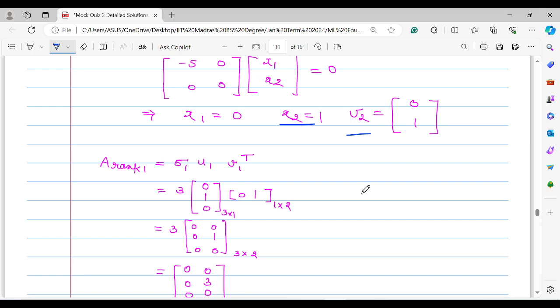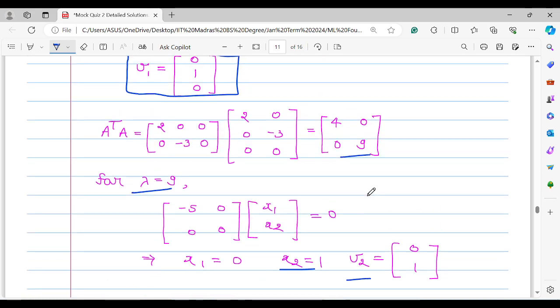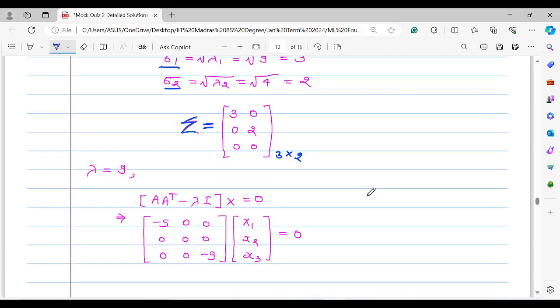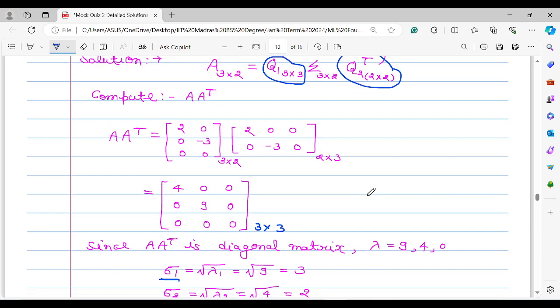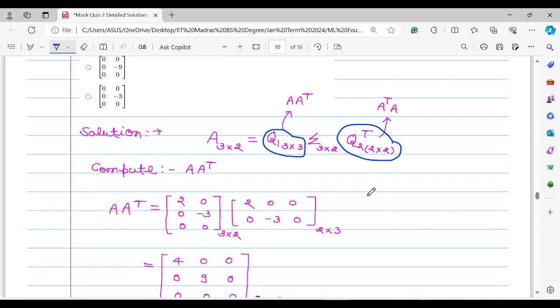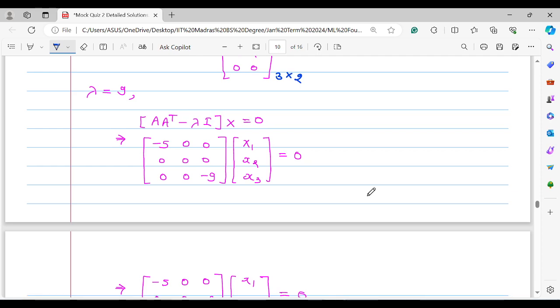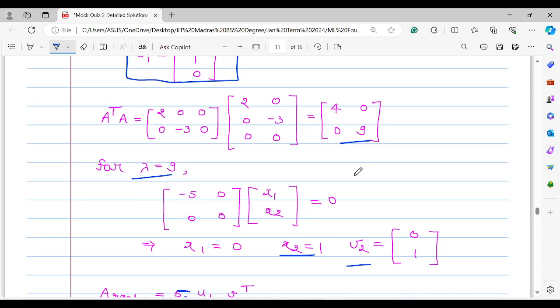Our rank 1 approximation is computed as follows: singular value 1 times u1 times e1 transpose. This corresponds to the largest eigenvalue, so this is 3, and u1 we have calculated for A transpose. The eigenvector corresponding to the largest eigenvalue for A transpose is 0 1 0.